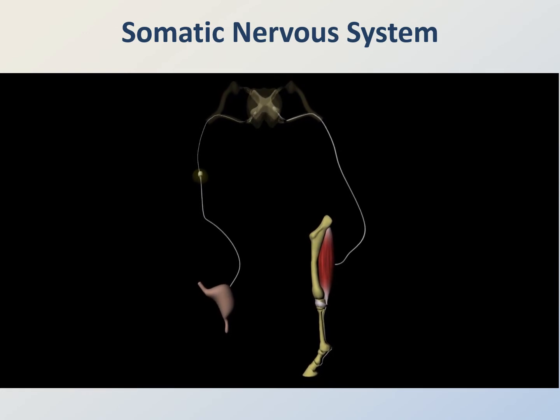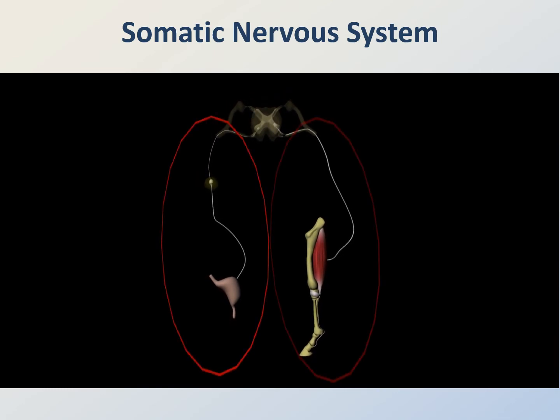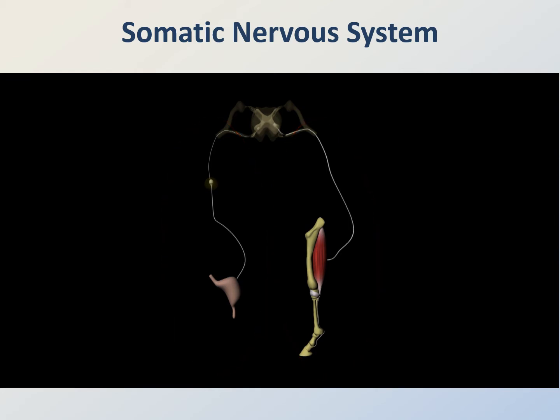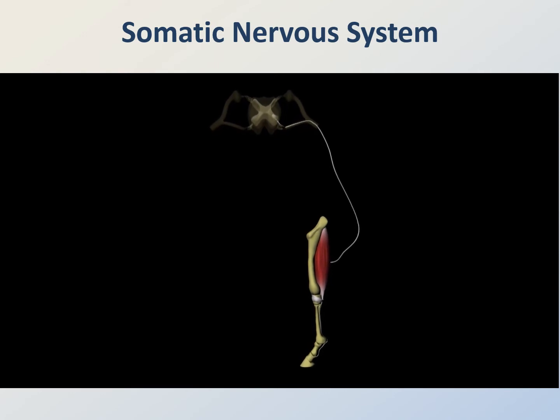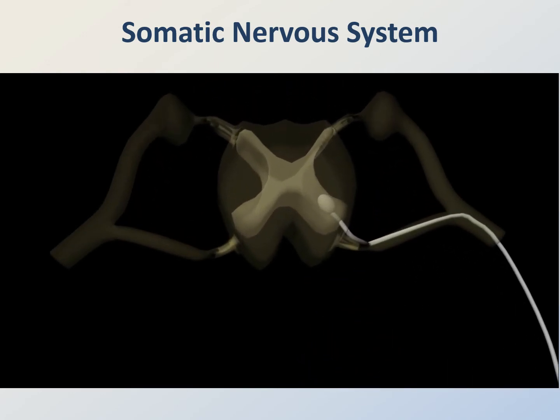The efferent division is further divided into the somatic nervous system and the autonomic nervous system.